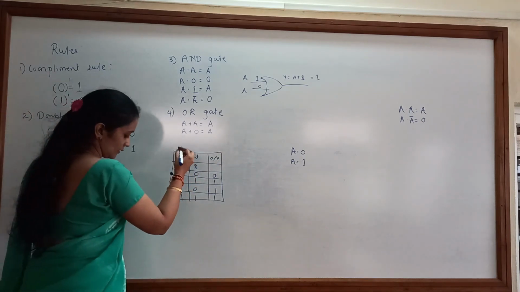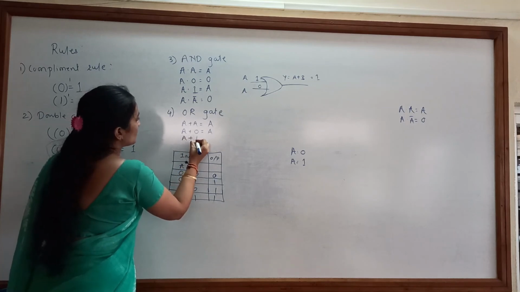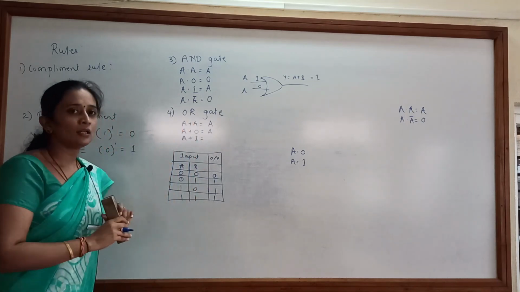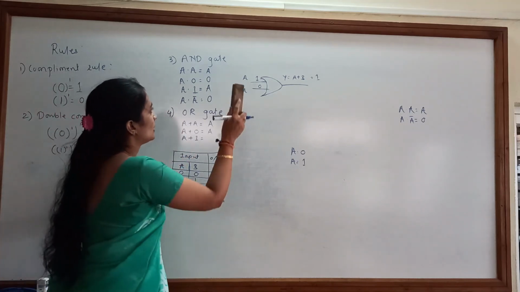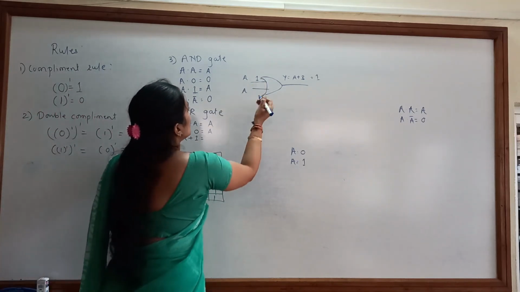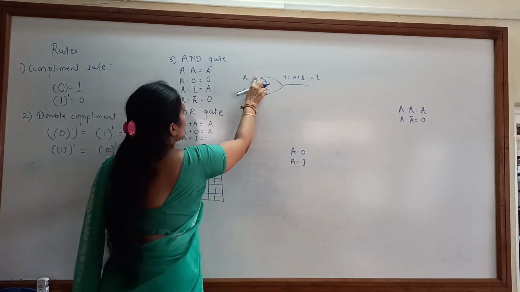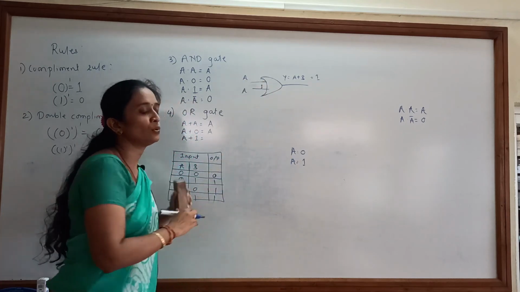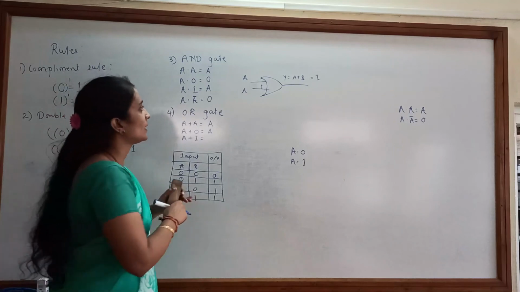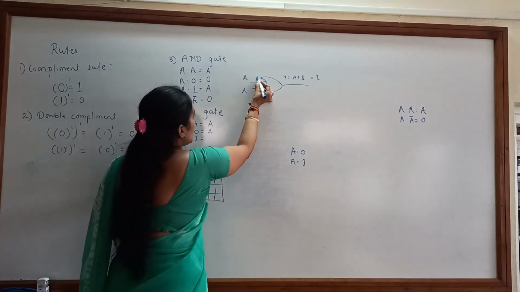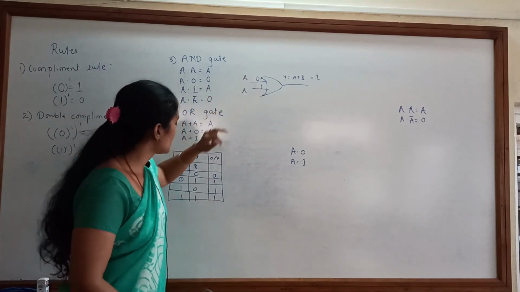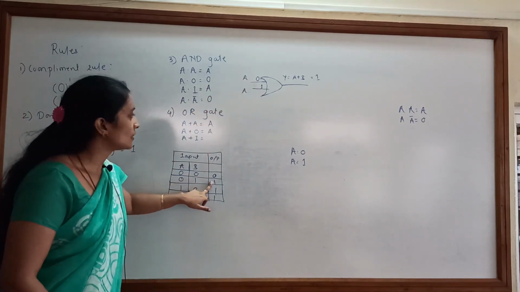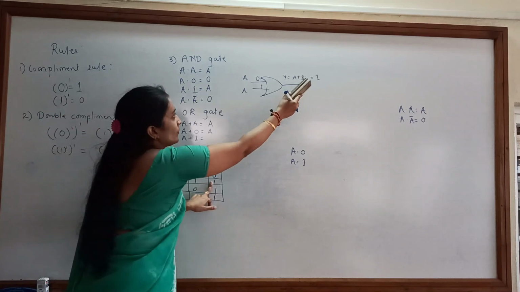Third rule is a plus 1. If we add number 1 to any variable, again second input is always 1 and first will be having two values 0 and 1. If first value a is equal to 0, what will be the answer? 0 plus 1. Answer will be 1.